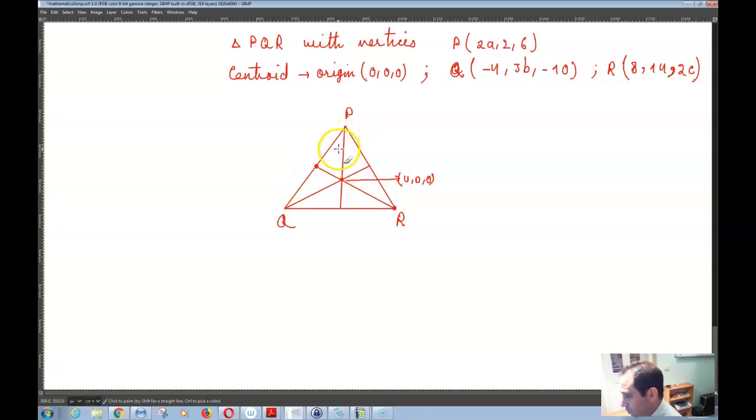So all I need to do is find the midpoint of each of these sides: the midpoint of P and Q, the midpoint of P and R, the midpoint of Q and R, and then from each vertex use the section formula to find the values of a, b, and c.